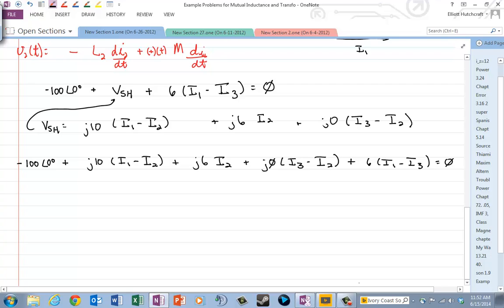Okay, so now that's that equation, and we're set up. All of it's in terms of the mesh currents I1, I2, and I3, and we are in good shape.